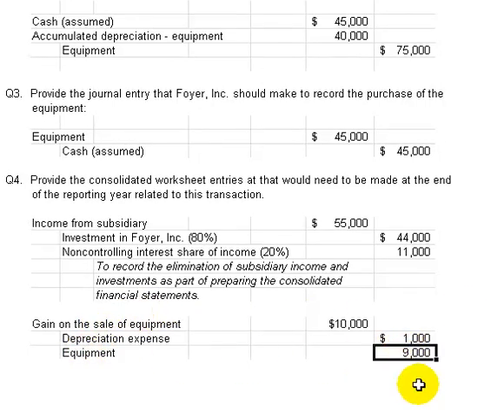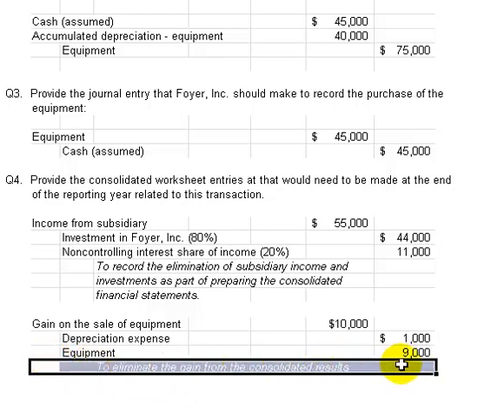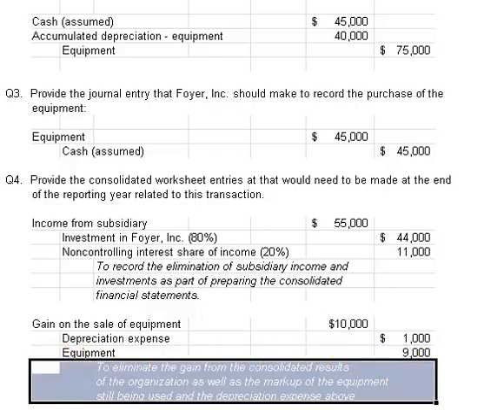Okay, and then the equipment, the difference between the markup, that $10,000 markup, and the $1,000 of depreciation, all of that needs to be eliminated because we marked it up essentially because we treated it like a sale to an outside party, but for consolidated purposes, we simply moved it. So we need to eliminate that phantom cost there.